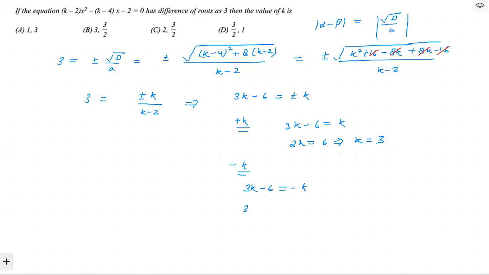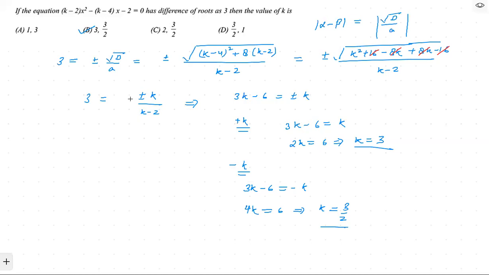So here we have 4k equals 6, which simply implies that k is equal to 3 by 2, right? So we have these two answers. Let us check whether we have them in the options. k equals 3 and k equals 3 by 2. 3 and 3 by 2, yes. Option B is the correct answer.